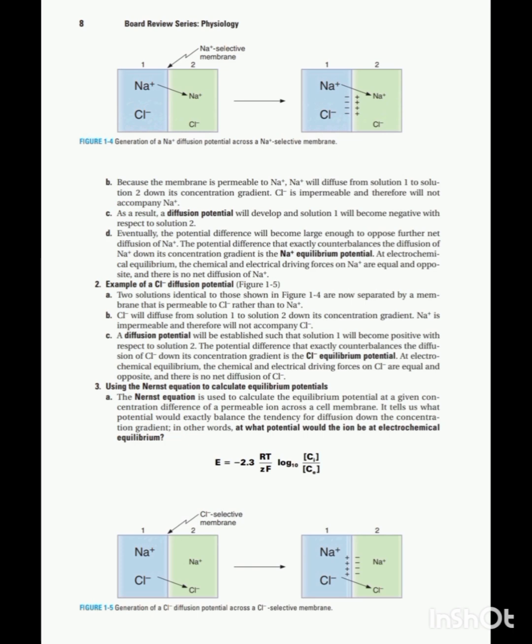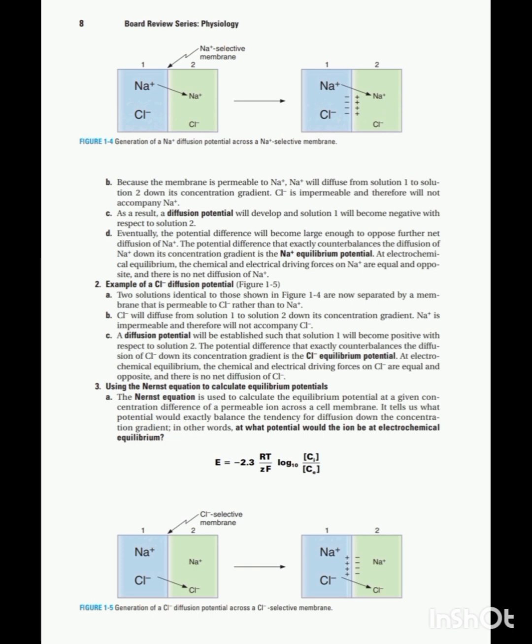So the diffusion potential becomes positive, whereas in the previous example it was negative. And again, when the diffusion potential of chloride becomes large enough, the electrochemical equilibrium develops, and the electrical and chemical driving forces on chloride are equal and opposite, so there is no net diffusion of chloride.